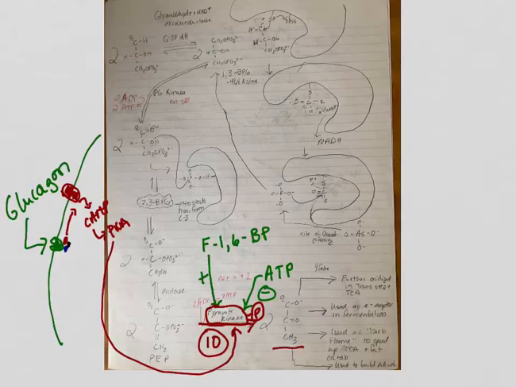So glucagon is saying, hey, we're hungry. Stop breaking down glucose, start making glucose, start shipping that glucose to very important tissues such as the brain. So triggering the liver to reverse engines. We need food. So that's another layer of regulation.